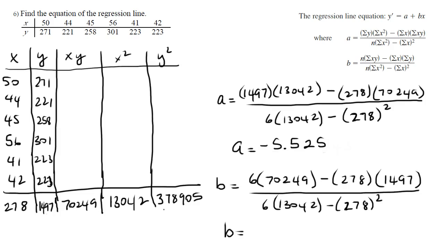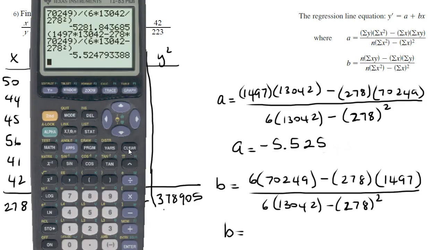Okay, now let's put this in properly. Let's get our number and let's be done with this problem. No, we're not going to be done because I'm going to show you how to do it all in the calculator.